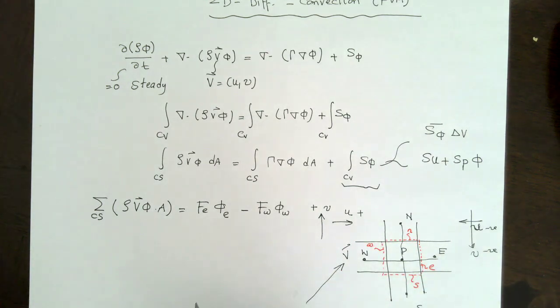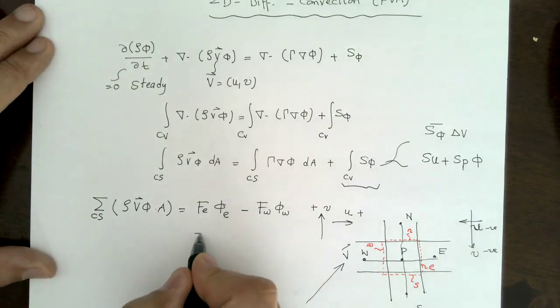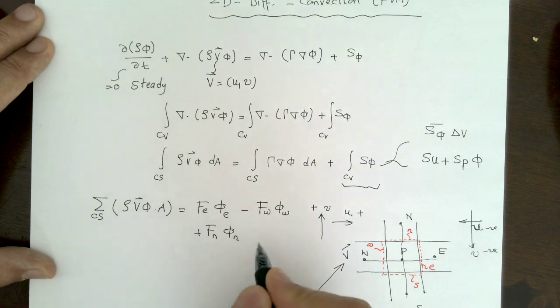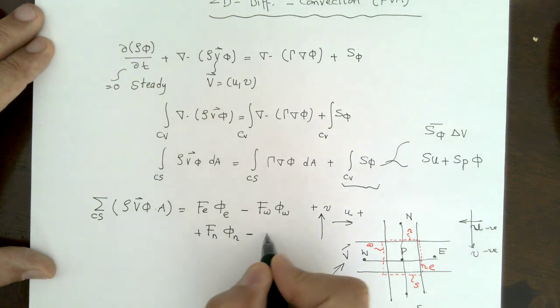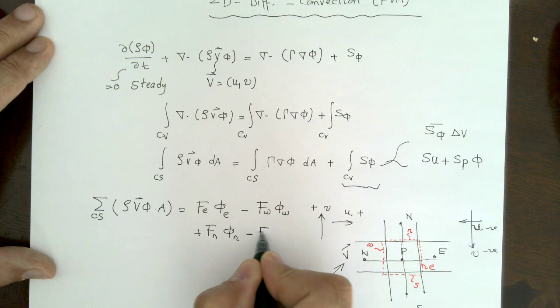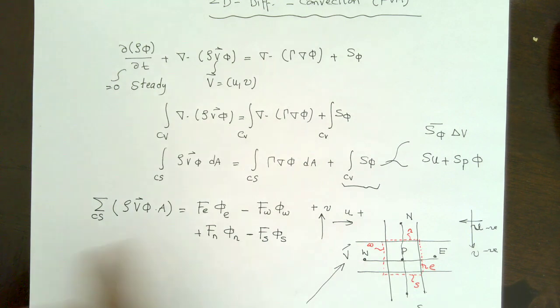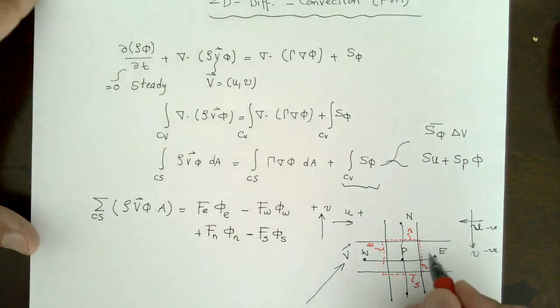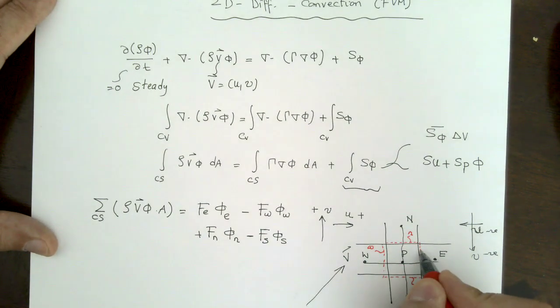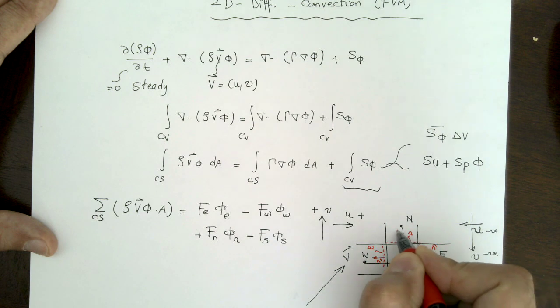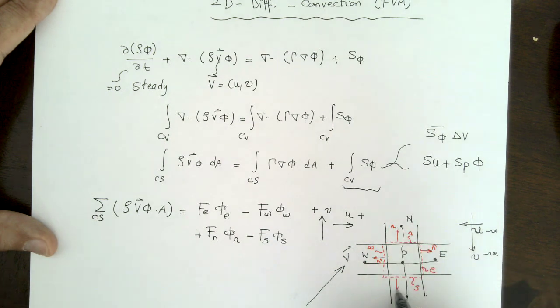That's a standard case. And in this case, I'm going to add to this plus the F at the north, phi at the north face, minus F of the south, phi of the south. Why are the west and south negative? Because the unit vector n pointing outward, if you recall that, and the flow is in the same way.